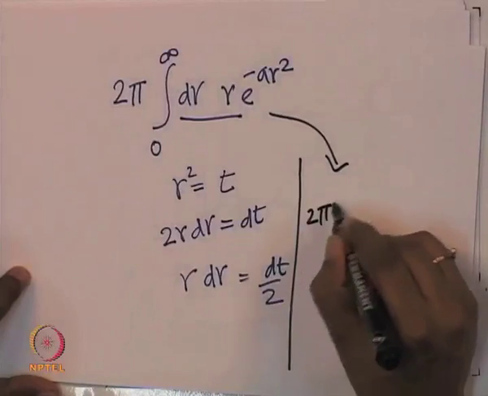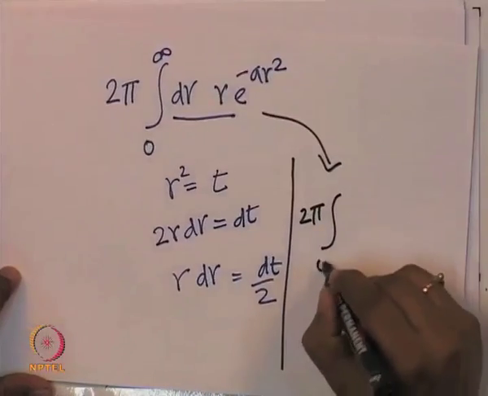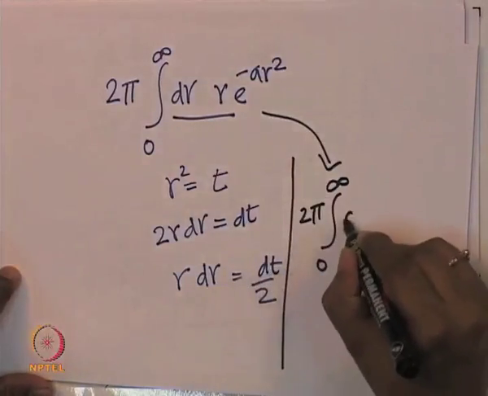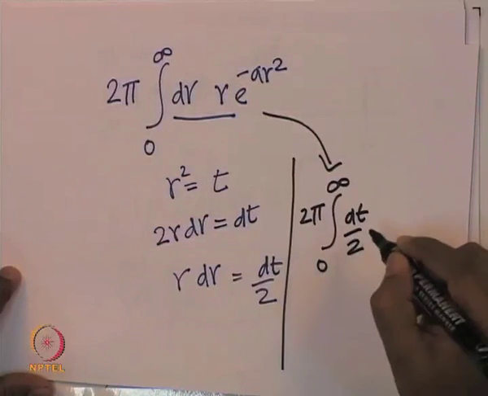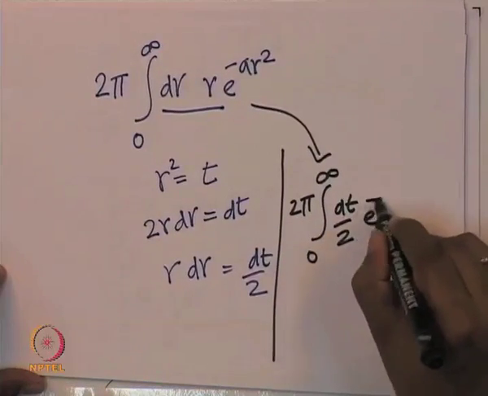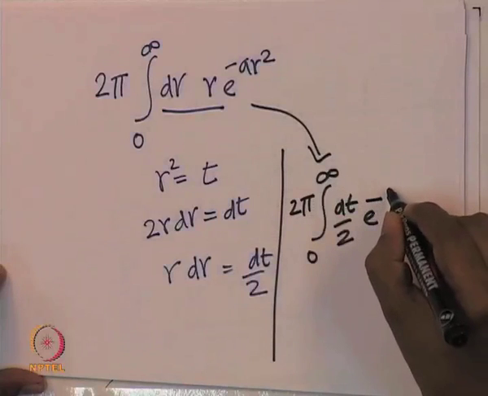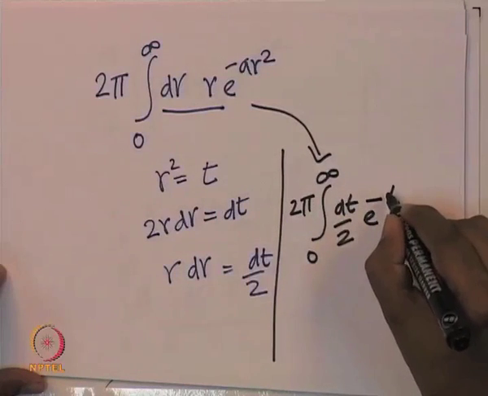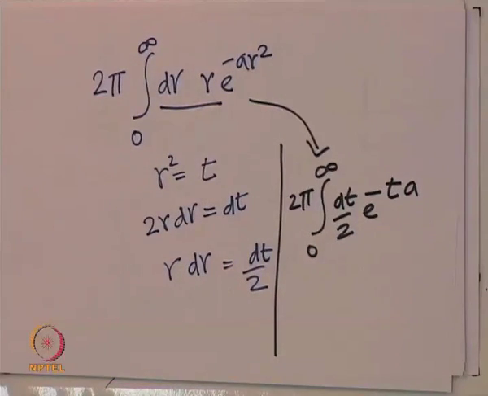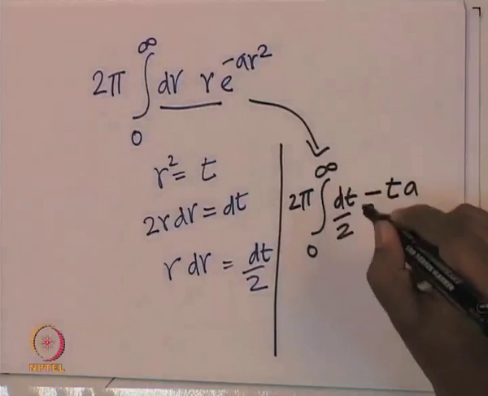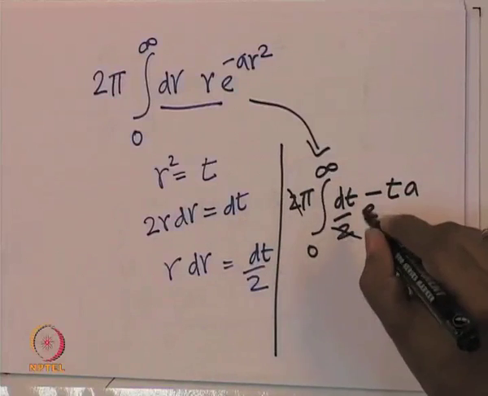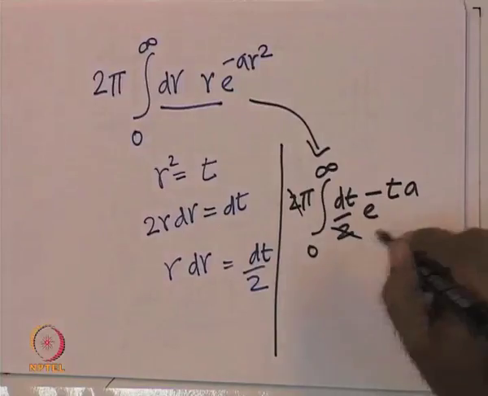If I do these substitutions, this becomes 2 pi, integral 0 to infinity, r dr is basically dt by 2, and e power minus a r square is e power minus a t, since r square is t. So, there is dt by 2 here, and this 2 and this 2 cancel. So, you have pi times the integral of dt e power minus a t from 0 to infinity.